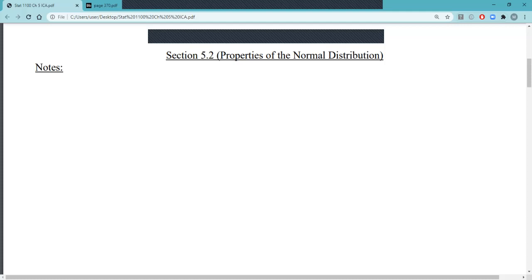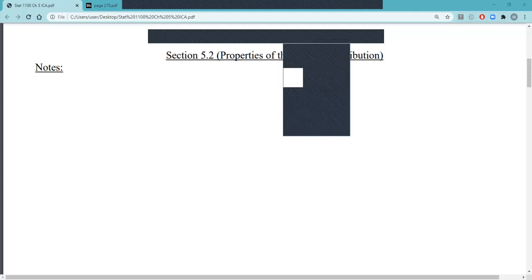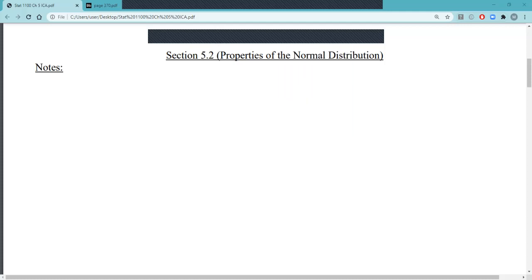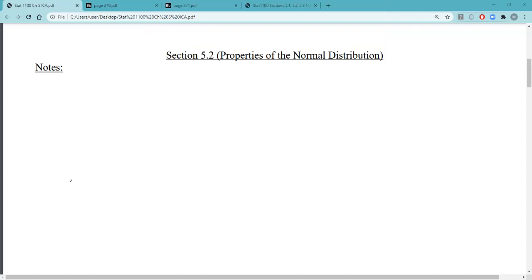So let's say that we have a data set and we're told that the mean is 100 and the standard deviation is 15.